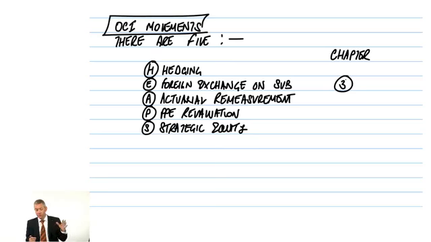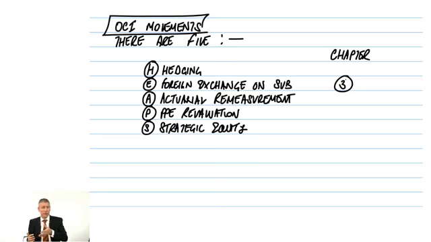And we put the gain through the OCI and into the OCE, as I was discussing with Pinky just a moment ago in the mentoring session. But what you're not required to know at this stage is what hedging gains are, what actuarial remeasurement means, what a PPE revaluation is, and what strategic equity is, because we haven't done any of these yet. But when we do them, we'll be referring to the OCI, and I'll be referring back to HEAPS. So at the moment, we're just learning the mnemonic and the mnemonic only.